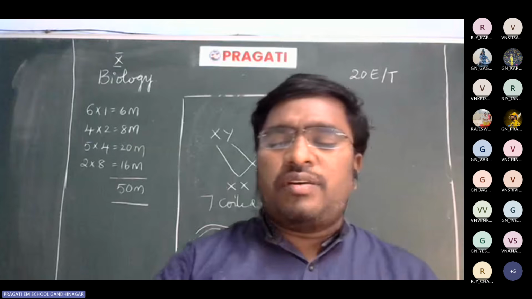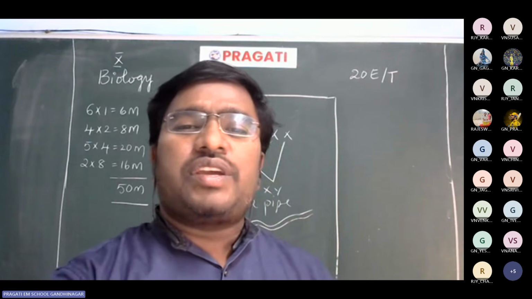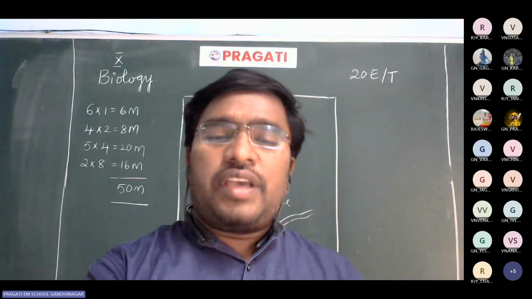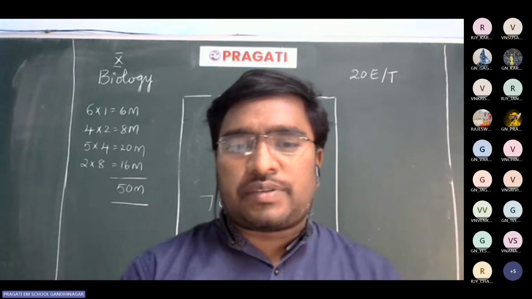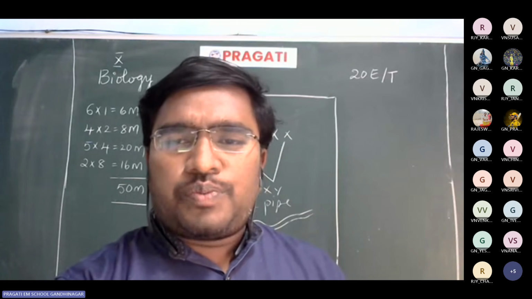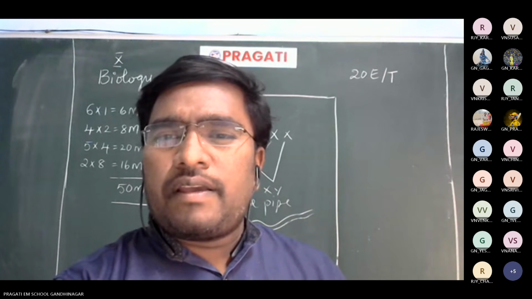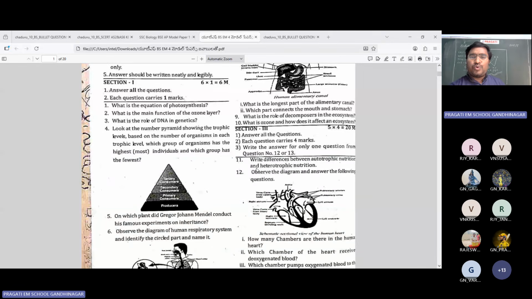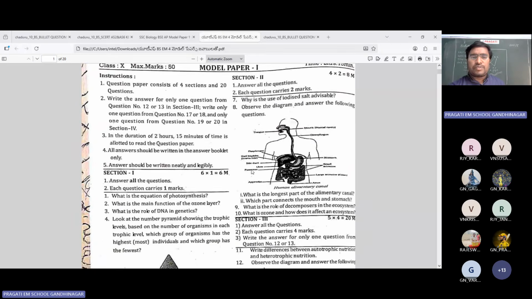So in our groups, UTF papers also shared, children. So try to revise those 4 papers also, UTF papers. Okay. So I'm sharing those papers also. If possible, please go through these UTF papers also, children.